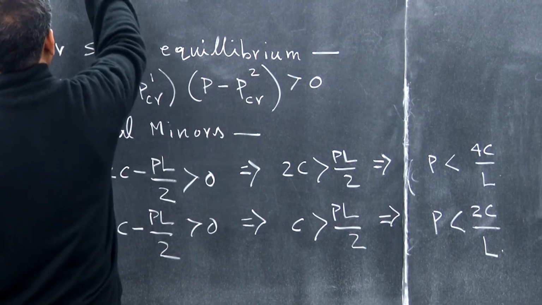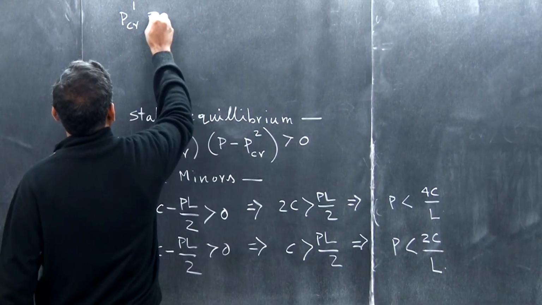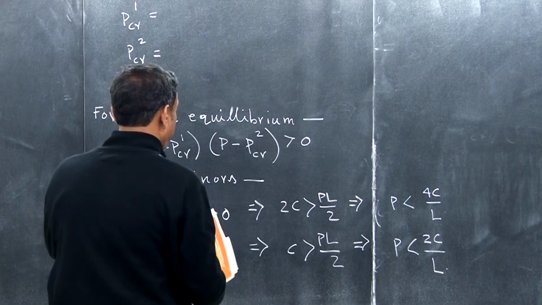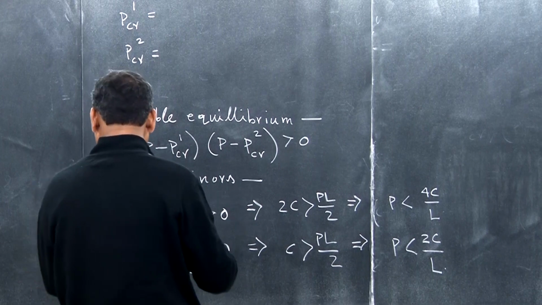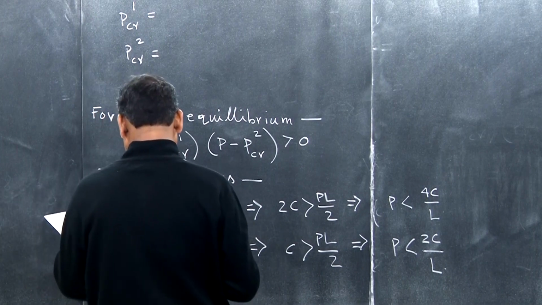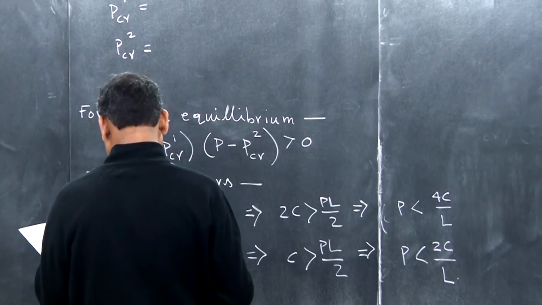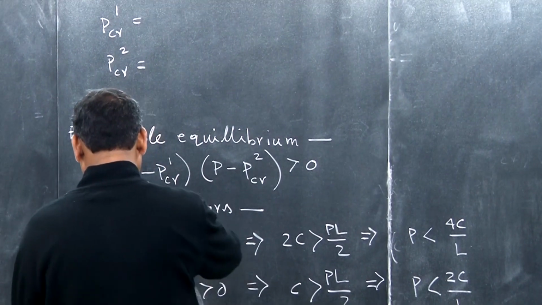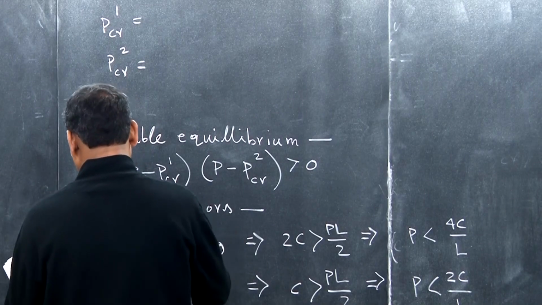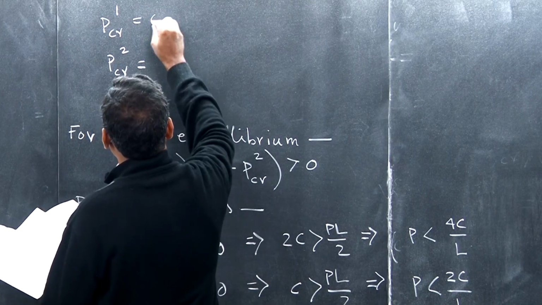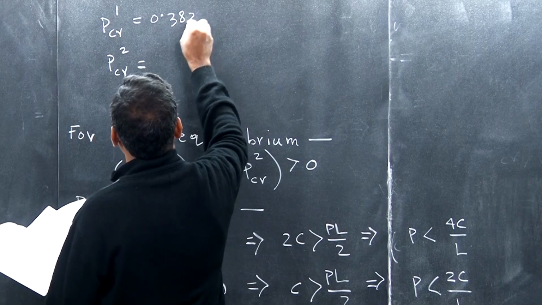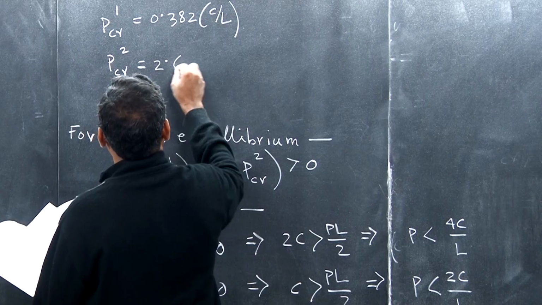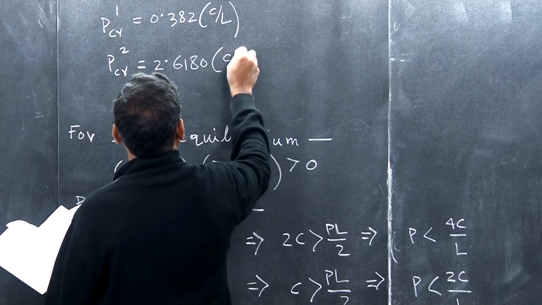Here you must recall the values of PCR1 and PCR2. You must keep them with you. So, what was their value? One was 0.382 C by L, and then the other was 2.6180 C upon L, right?